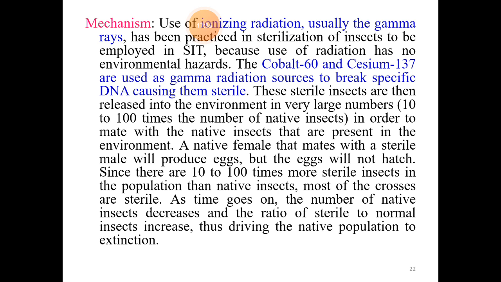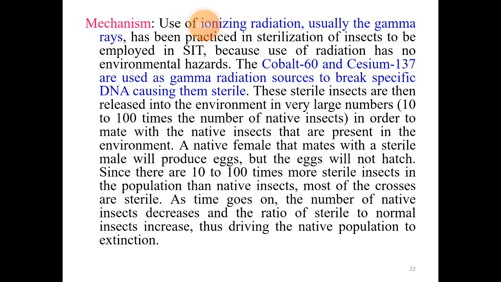Usually, cobalt-60 or cesium-137 radioisotopes are used as sources of these gamma radiations. Remember students, chemicals which have a similar effect to that of gamma radiations, like cobalt, cesium, etc., are called radiomimetic agents.